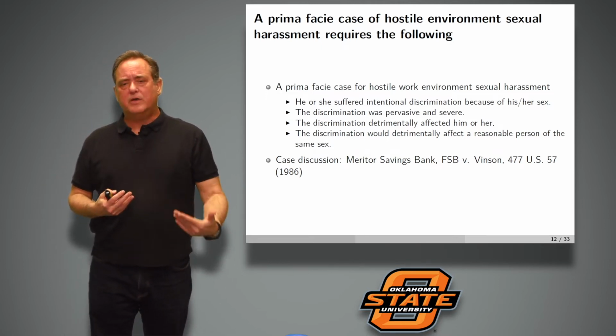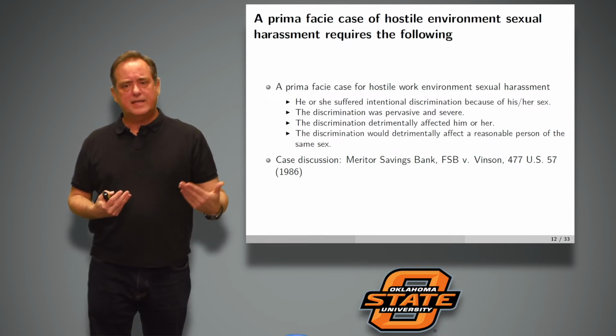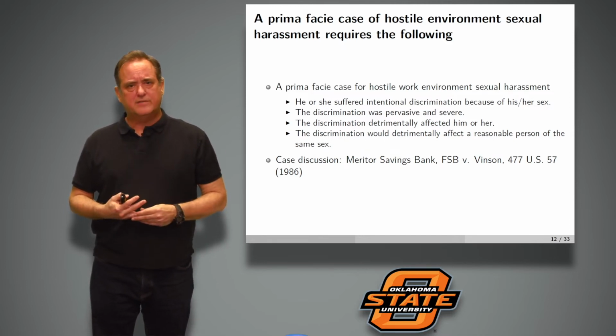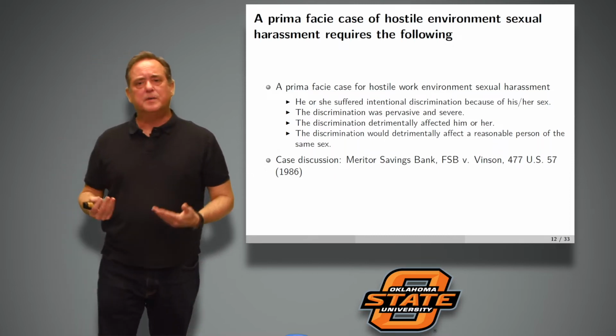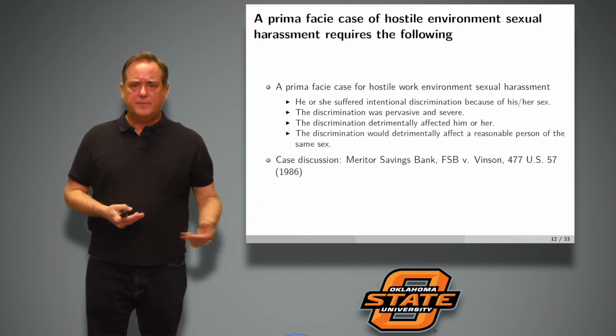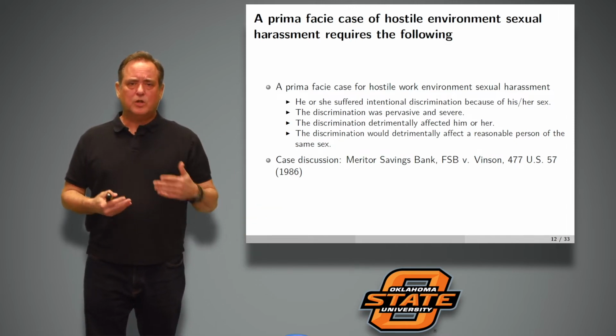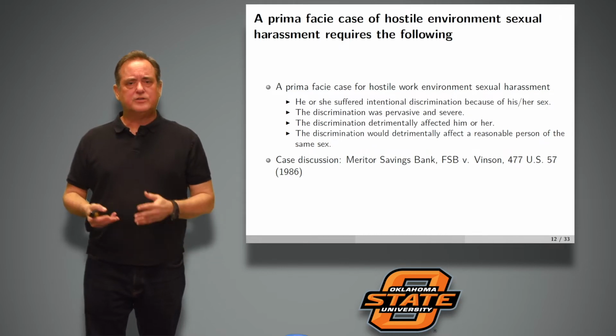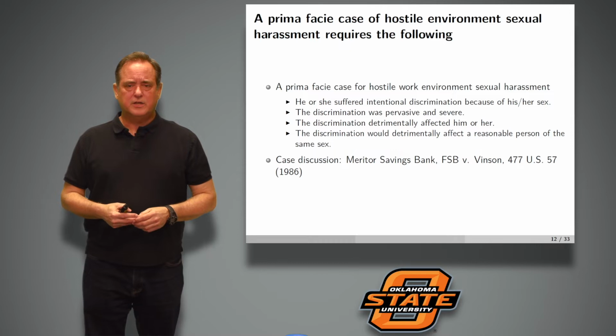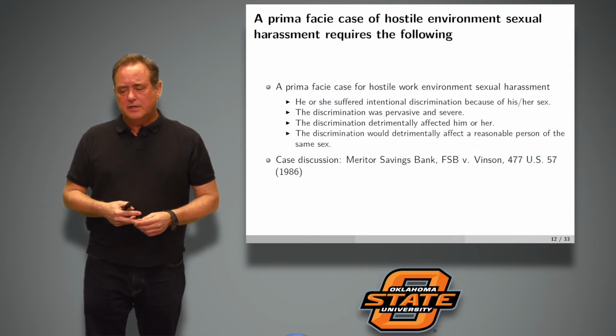Again, this came out of the first case to reach the Supreme Court having to do with hostile work environment. And in this case, it involved a bank employee who had been terminated from her job. She brought a lawsuit that says she had suffered from sexual harassment by her supervisor for 4 years prior to the termination of her position.